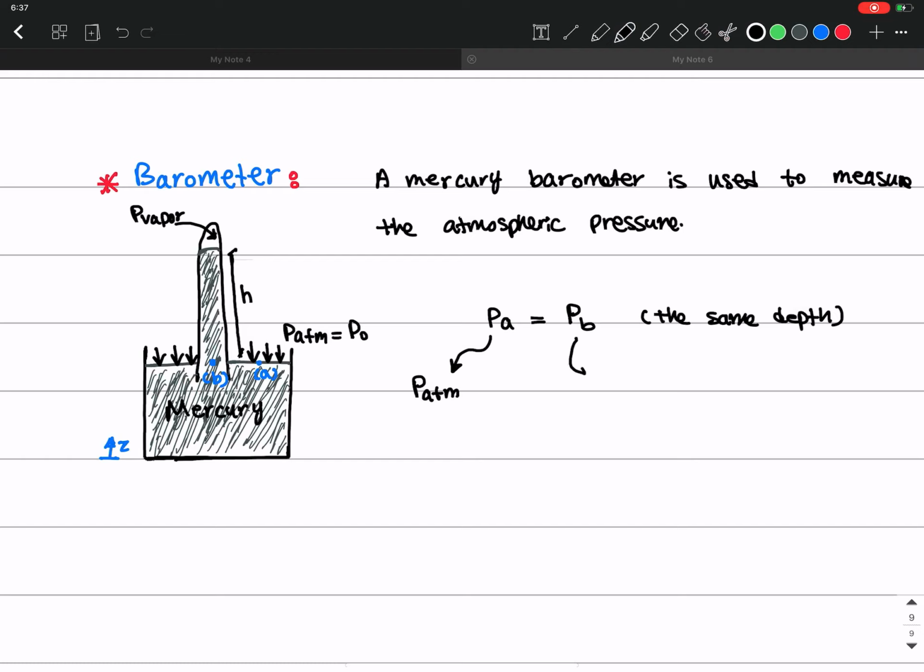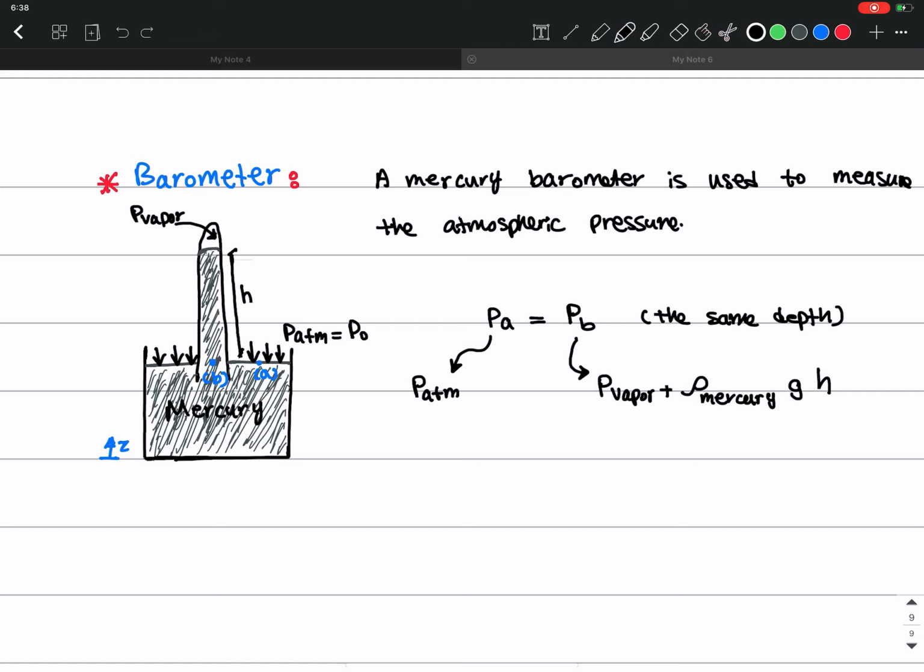And P at B, I can write from here on top of that. So I have P vapor plus rho of mercury g times h, right? So I have mercury here, and then I have this vapor pressure here, right?